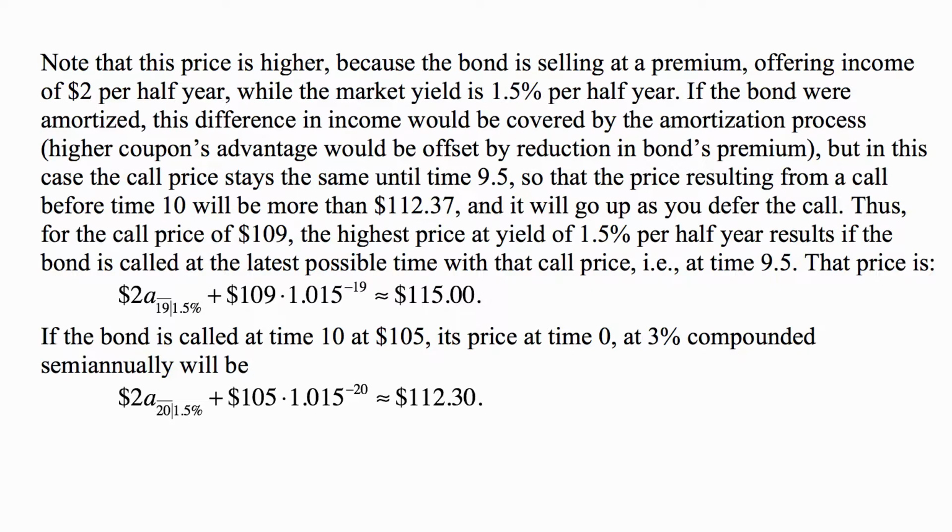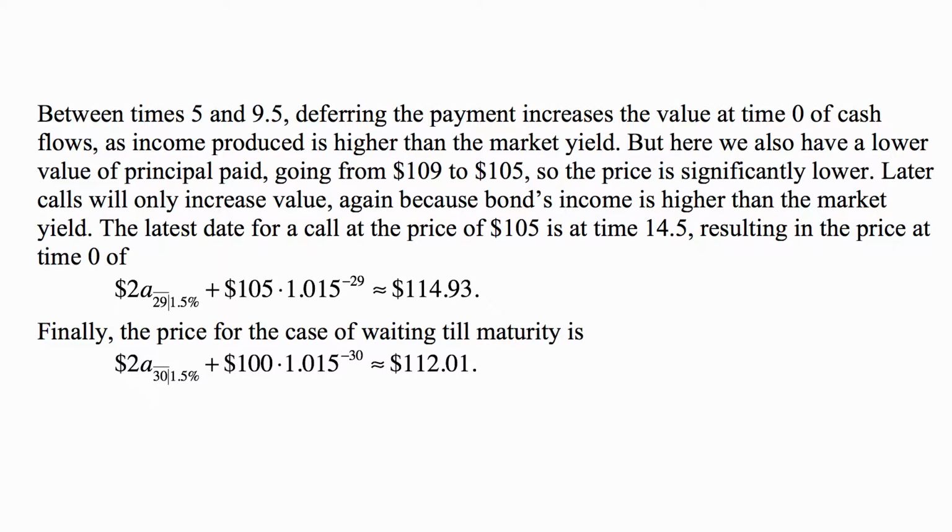It's calculated here. Now if the bond is called at time 10 at 105, the price at time 0 at 3% compounded semi-annually will be 112.30. Between times 5 and 9.5, deferring the payment increases the value at time 0 of cash flows, as income produced is higher than the market yield.